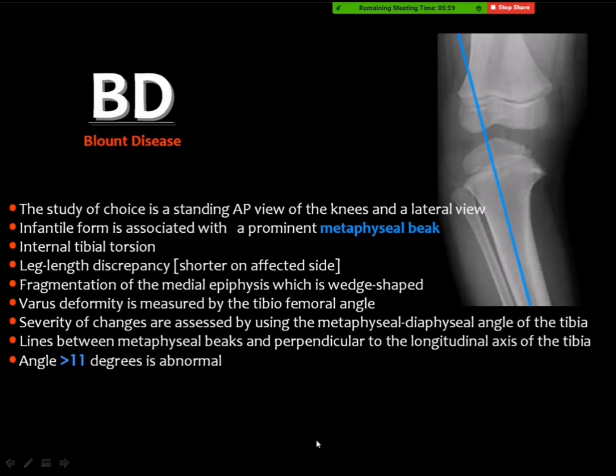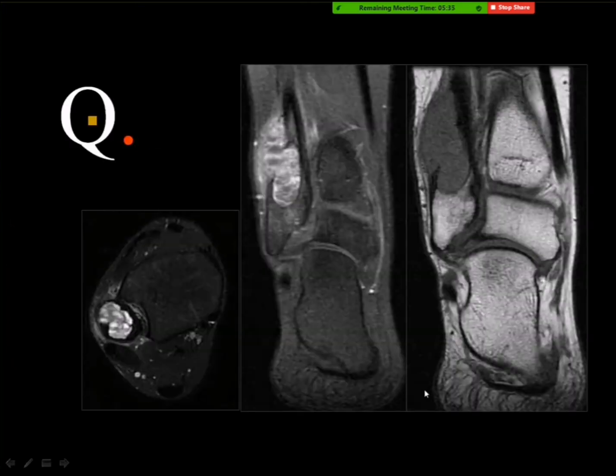Sometimes you may need to measure the angle. First, you draw a line along the shaft of the tibia, then you put a perpendicular line on it, and you measure the angle between this line and the surface of the affected metaphysis.